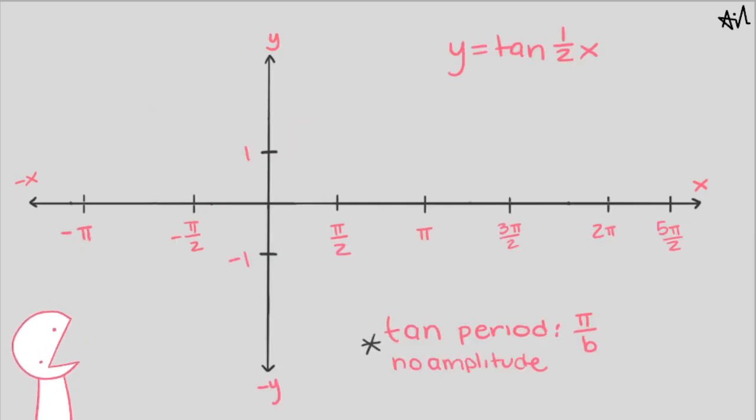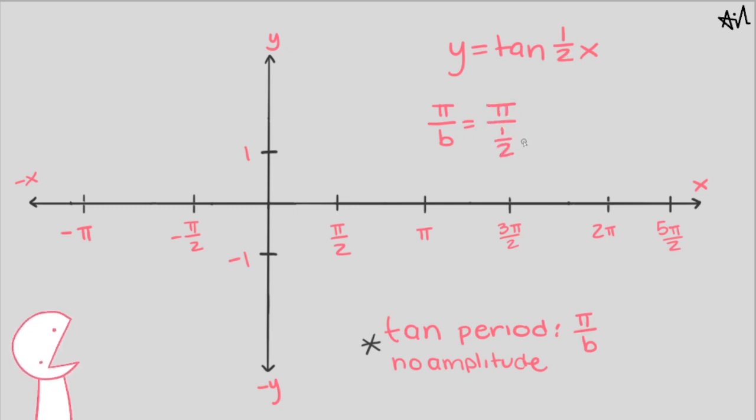Alrighty, last but not least, let's figure out how to do y equals tan of 1 over 2 x. First of all, we know there's no amplitude because it's a tan function. So we can just move on and figure out the period. The period can be solved by replacing b, which is 1/2.